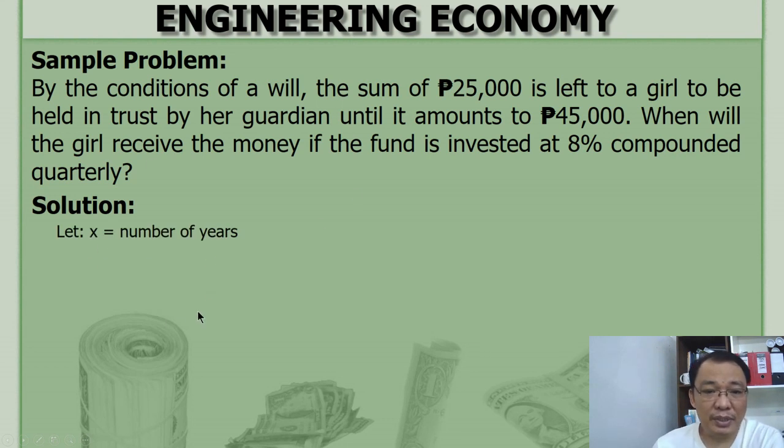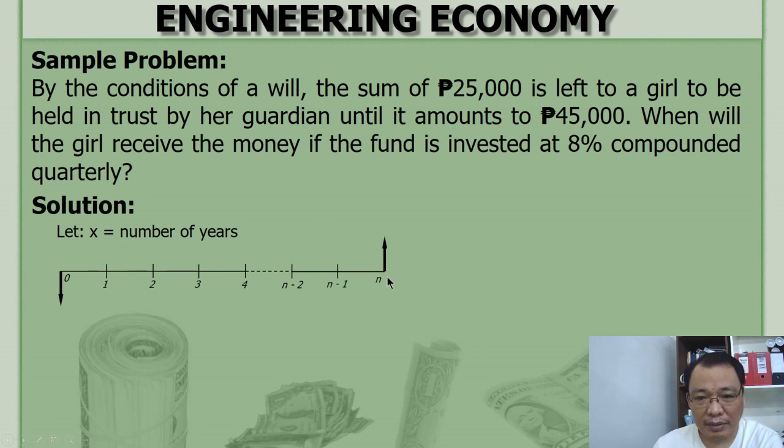Let x be the number of years, and n the number of interest periods. The sum of 25,000 becomes 45,000, as if 25,000 was deposited and after x years it will become 45,000. So let's treat this one as a disbursement of 25,000, and the girl receives 45,000 after x years or after n periods.